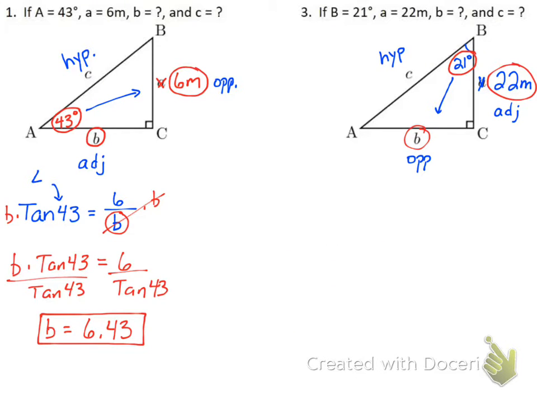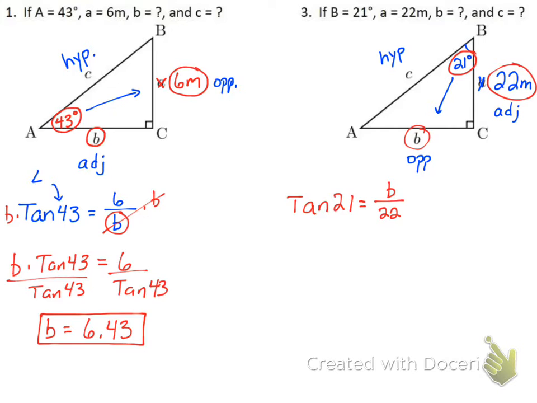What I can do is solve for that. So using those three red things that I circled, the 21-degree angle, 22-meter side, and B, I have sides that are adjacent and opposite, so I'm going to use tangent. So tangent of 21 is equal to opposite over adjacent, so B over 22. And so, again, there's my equation, written using sine, cosine, or tangent.